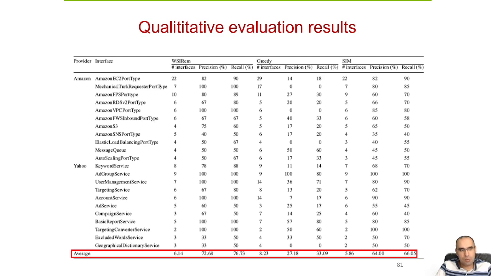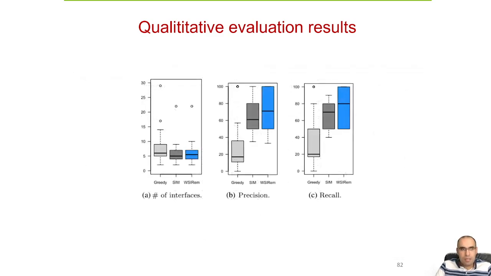We can see that, for example, the Amazon Web Service, the largest one, can be split into 22 web service interfaces. Here we also see the qualitative evaluation from the developers, and we can see that our approach, WCRM, has more acceptance from the developers' point of view than the greedy search and graph partitioning approaches.